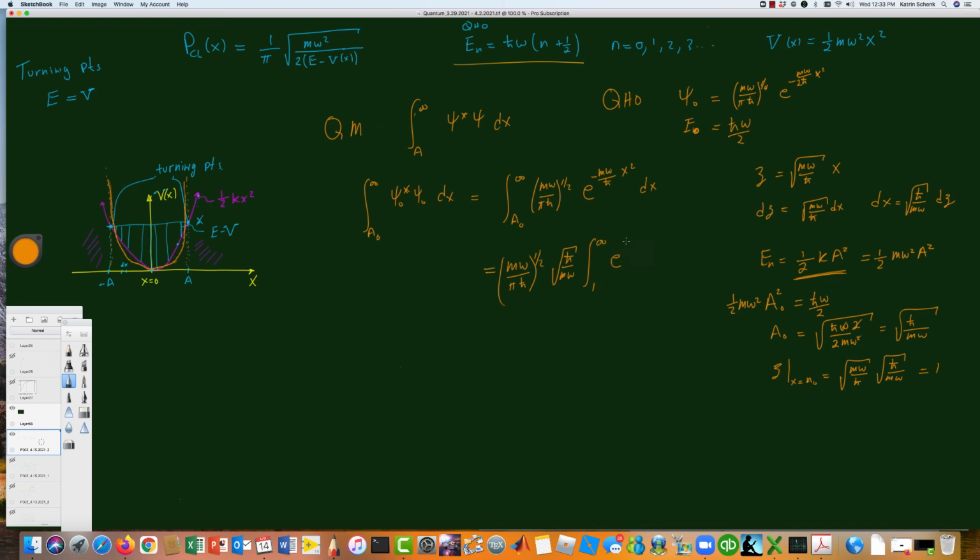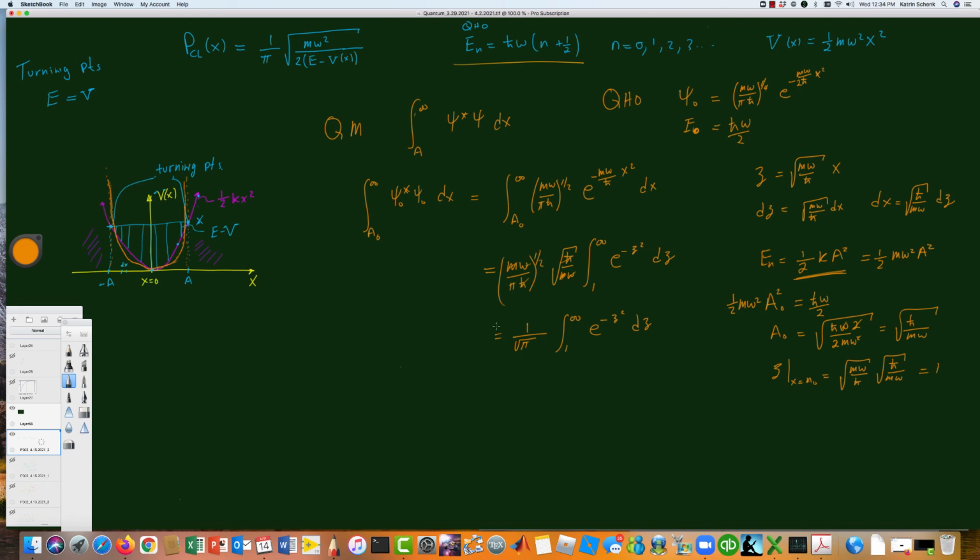And then notice here that m omega over h bar times x squared is c squared, so minus c squared dc. Okay, great. Now notice this is going to cancel, and we're just left with 1 over the square root of pi times the integral from 1 to infinity of e to the minus c squared dc.